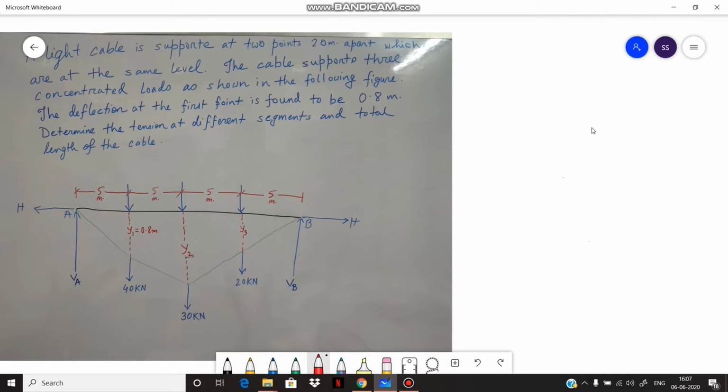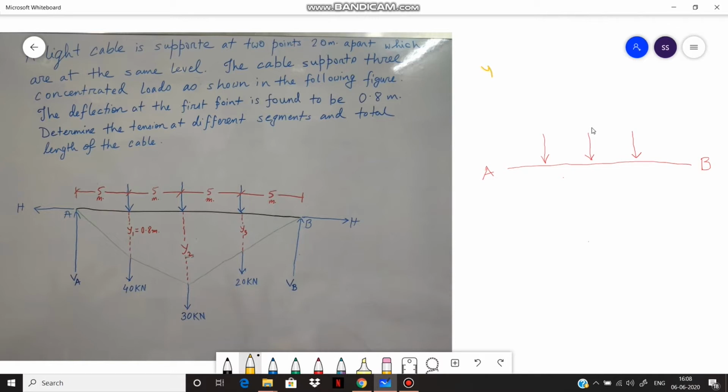So as from the problem, we know that the light cable is supported between 2 points, that is between A and B, which is 20 meter long. The distance between A and B is 20 meter, and the loads are here 5 meters apart from each other, and because of the deflection, the deflected pattern of the cable becomes something like this.